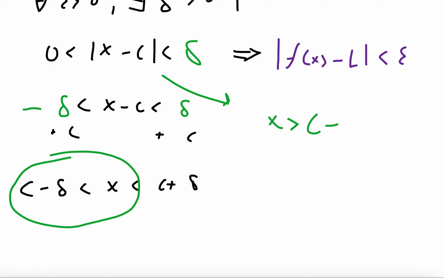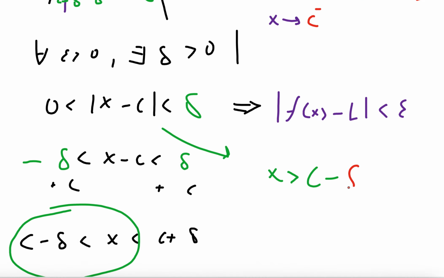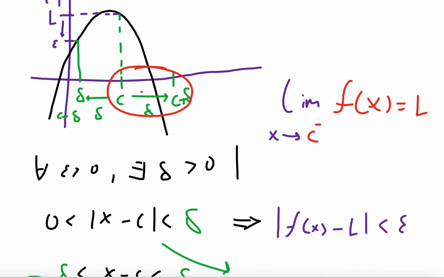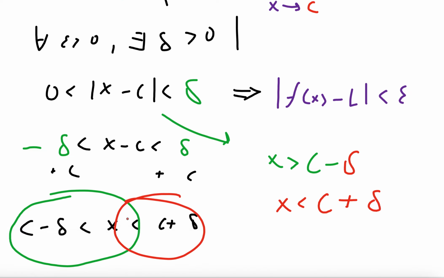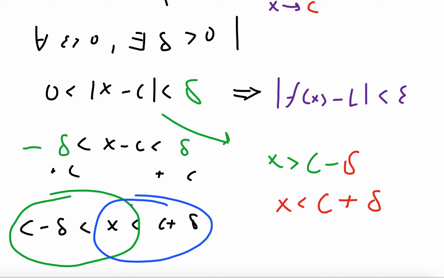And if we're approaching from the right, so this side, we're only concerned with the maximum value being c plus delta, which means that x is less than c plus delta, which appears over here. So you can literally see intuitively that we have a left-hand side over here and a right-hand side for limits that are both encapsulated within our main epsilon delta definition.